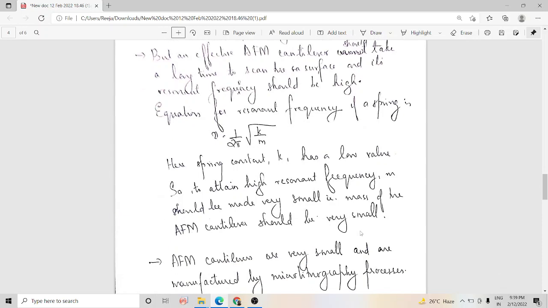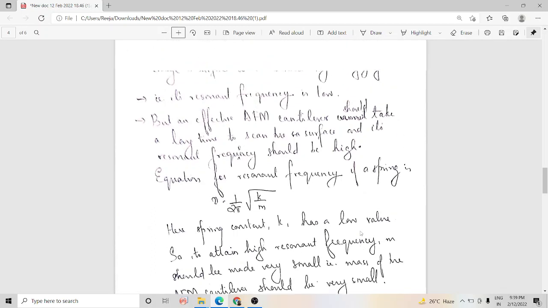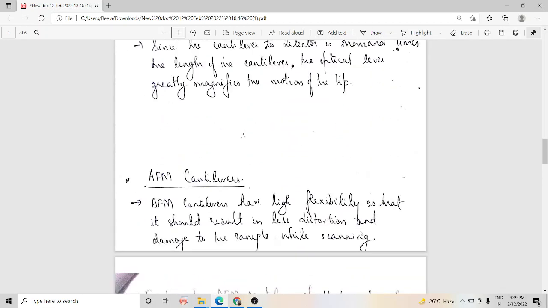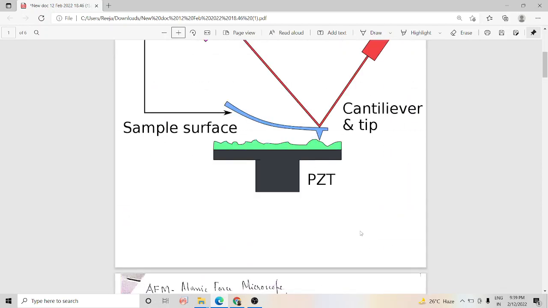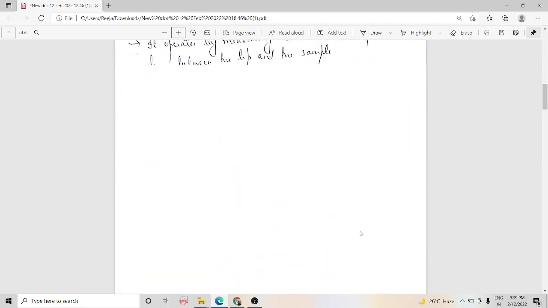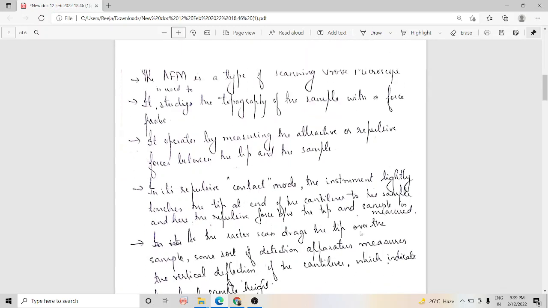So these are two refinements which are used in the AFM, so that it can attain very high resolution. You have to learn about two more refinements used in the AFM.